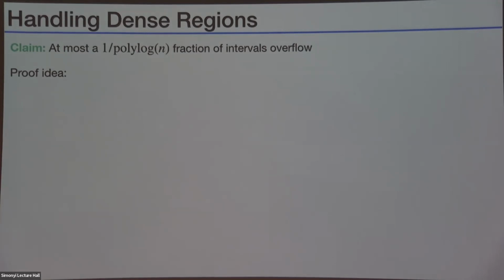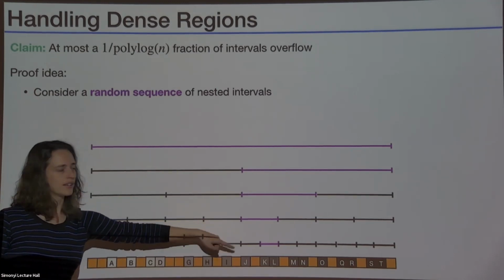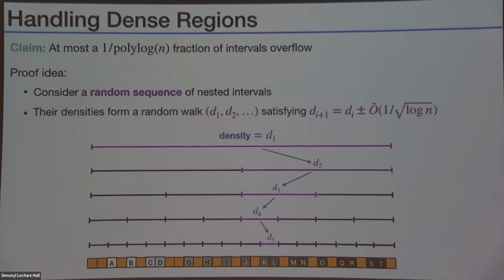And the idea of how you prove this point is, let's say we chose a random sequence of nested intervals. So we chose one at each level, and they're all nested, and we chose them randomly. And then we can figure out what is the expected density that we're going to have. And you'll notice that the densities form a random walk.